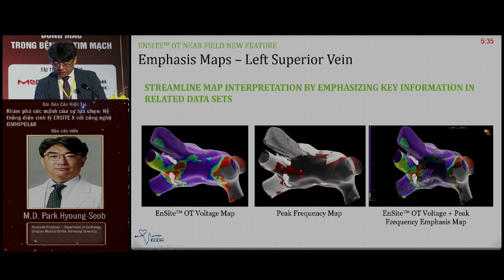We usually use this EnSight OT voltage plus peak frequency emphasis map. It gives us information about voltage and peak frequency area. When you adjust the frequency level, it gives us detailed information about the voltage and near field algorithm.